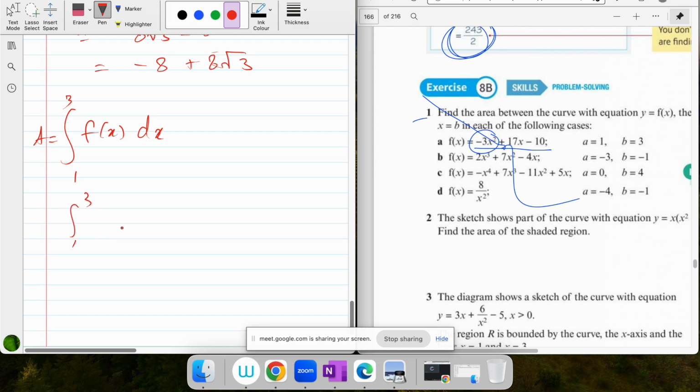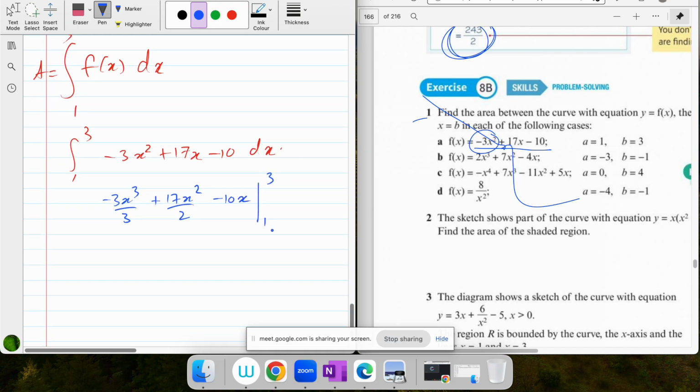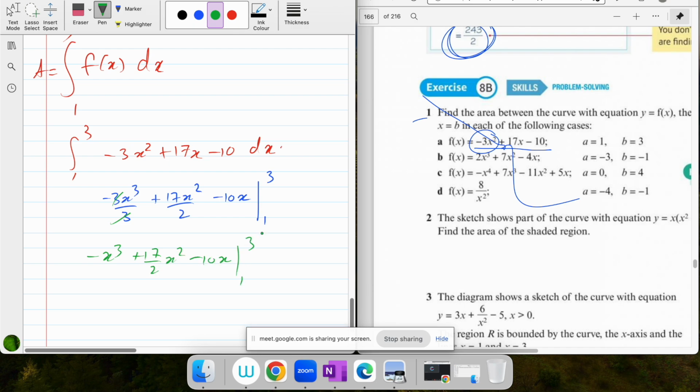So from 1 to 3, this is minus 3x squared plus 17x minus 10 dx. So minus 3x cubed over the new power, plus 17x power plus 1 over the new power, minus 10x over 1, from 1 to 3. This 3 goes with this. This is minus x cubed plus 17 by 2 x squared minus 10x from 1 to 3.